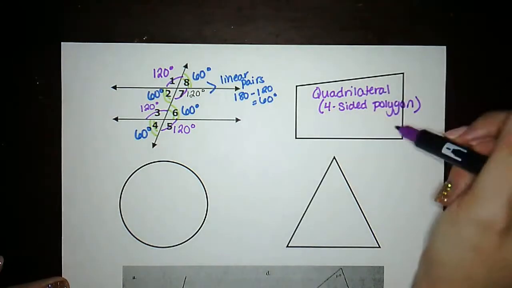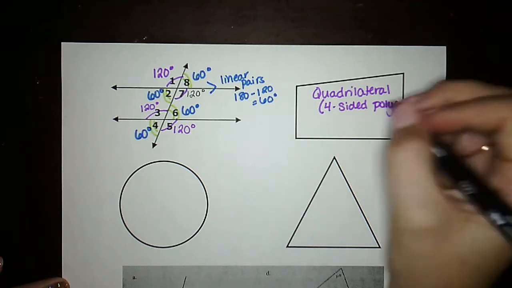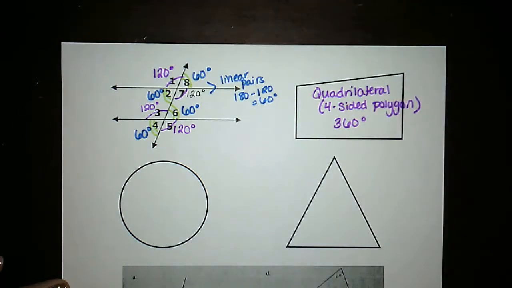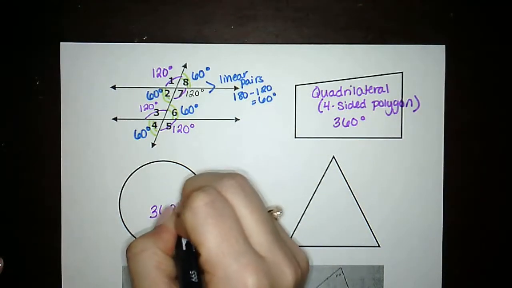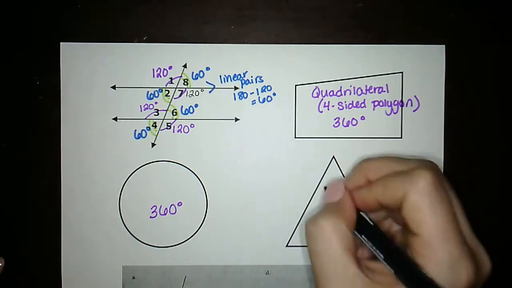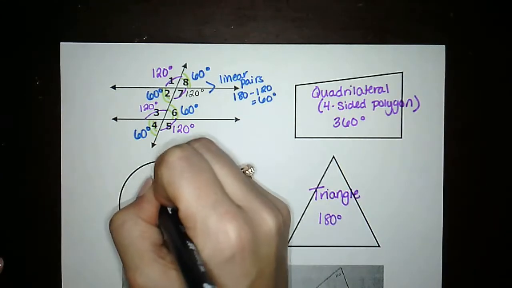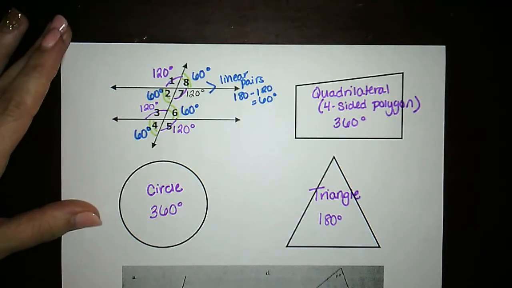And all of these add up to equal 360. A circle has 360 degrees, and then a triangle, remember, is 180. So these are all the things that we talked about last year. You've seen them in middle school too, but we used them a lot last year, so we're going to look at these a little bit more now.